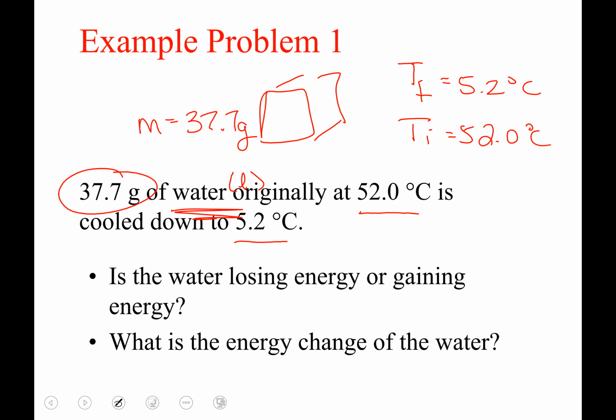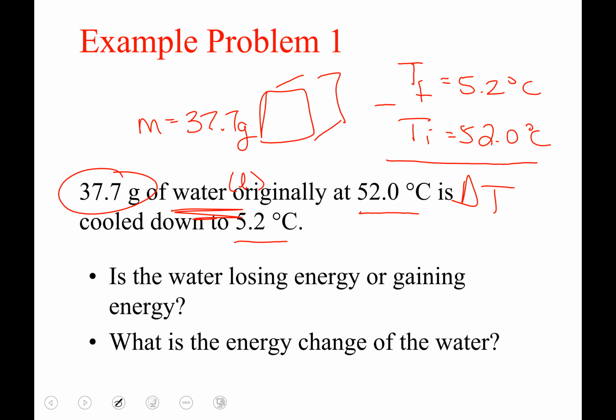So what you're going to see here in a minute is I can do a little subtraction. T sub F minus T sub I gives me my delta T, right? It's always final minus initial. Is my delta T going to be positive or negative? It is going to be negative. So which scenario do we have going on here?